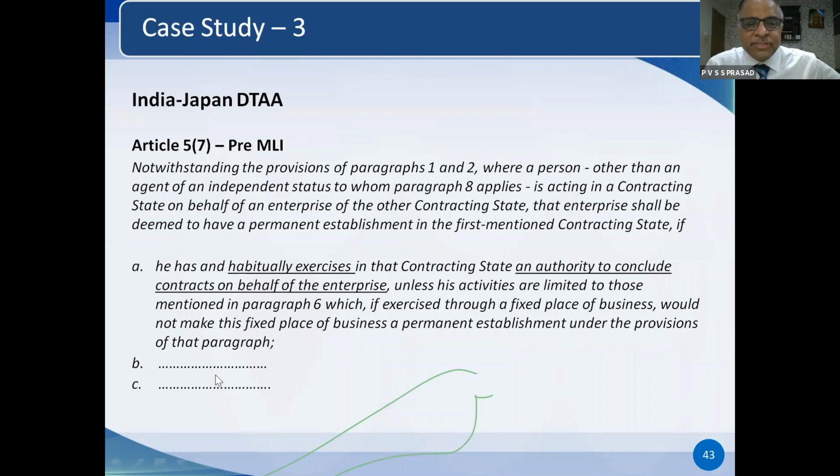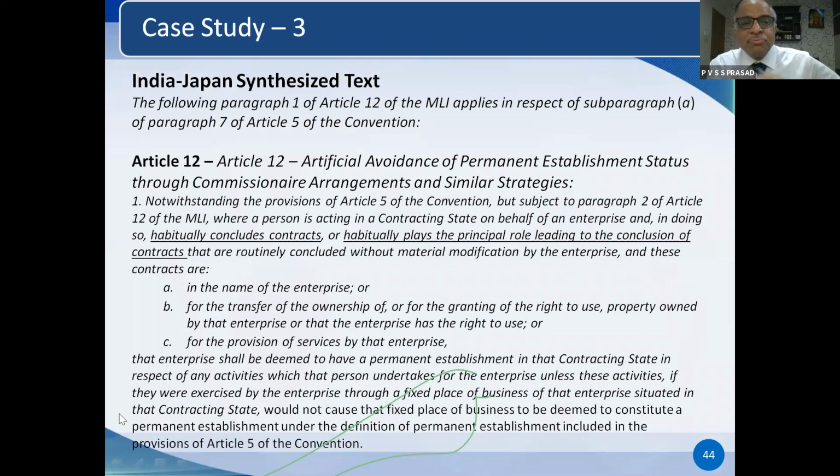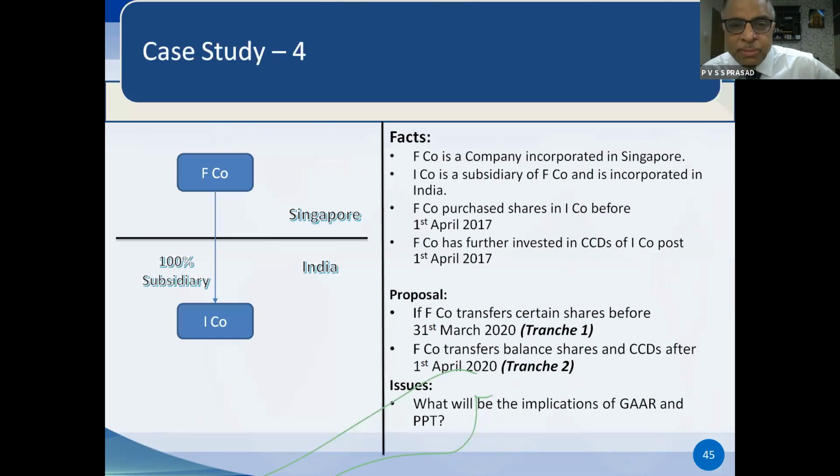And Article 5.7, originally this is the article, got changed because of the India-Japan synthesized text. That synthesized text says, not only the authority to conclude contracts, if one habitually plays the principal role leading to the conclusion of contracts, that is good enough to trigger PE for a foreign company in the source country. And the agent would be a dependent agent, and dependent agent permanent establishment would come into play.